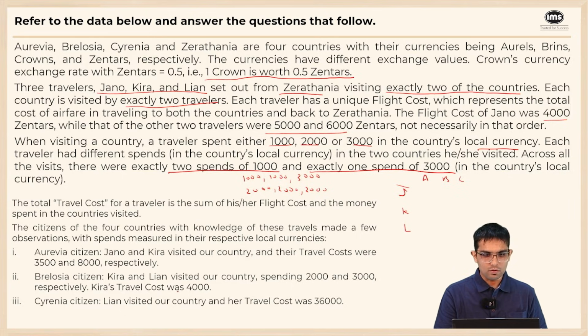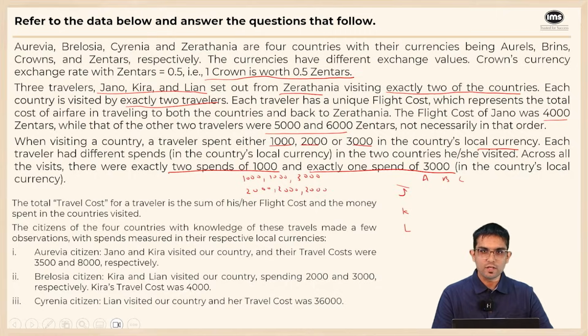K's travel cost was 4,000. You have to understand again, this is definitely talked about by the B citizen, so it will be in B's currency. And finally the C citizen said that L visited their country and the travel cost was 36,000 in total. So this is what is given to us.